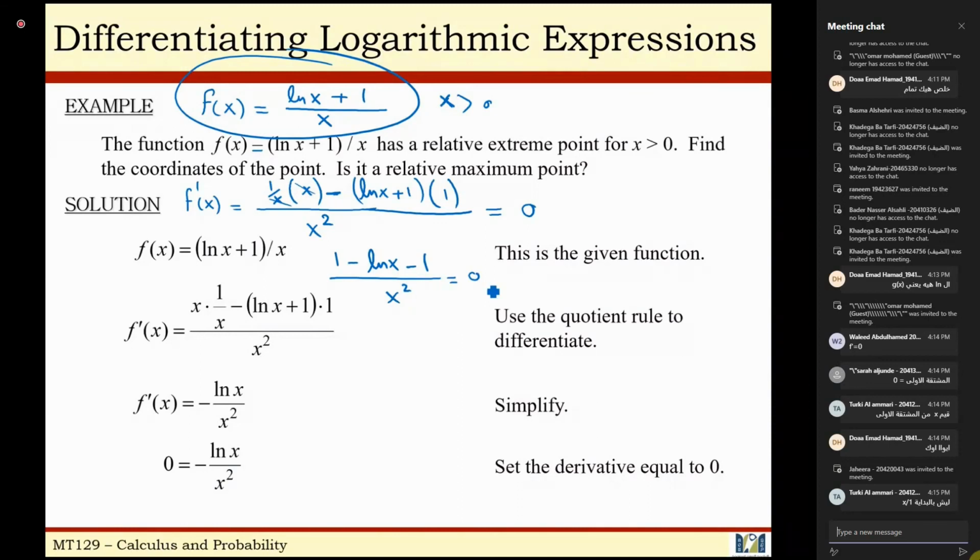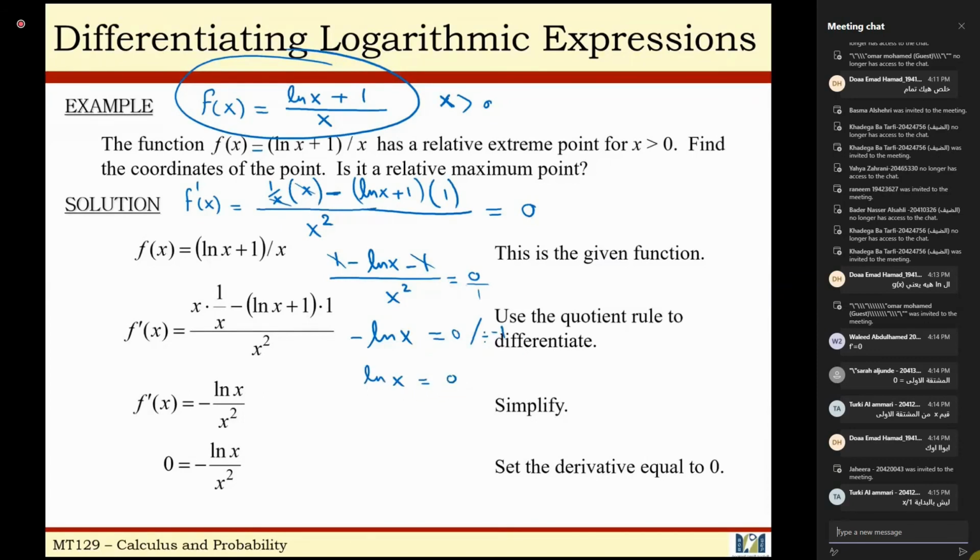Okay, because this is, for example, over 1. When cross product, we can remove 1 with negative 1, so we have minus ln x equal what? 0. What's the value of x inside the ln? So the ln equals 0. By divide by negative 1, so we have ln x equal 0.